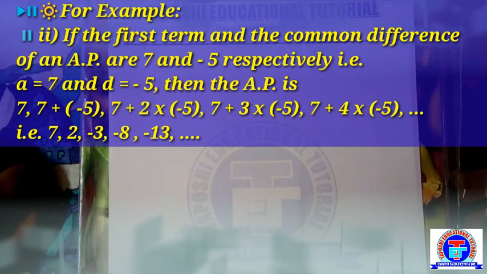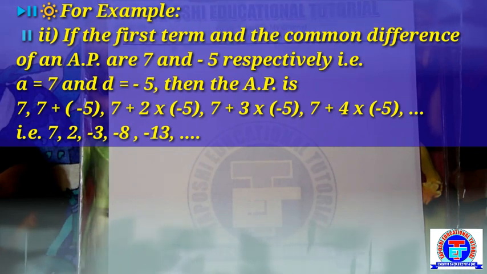In that way we can write this AP as 7, 2, minus 3, minus 8, minus 13, and so on.